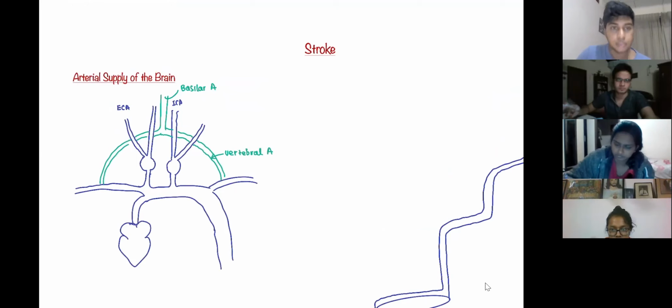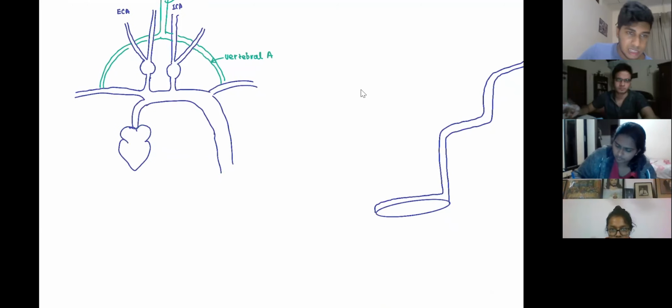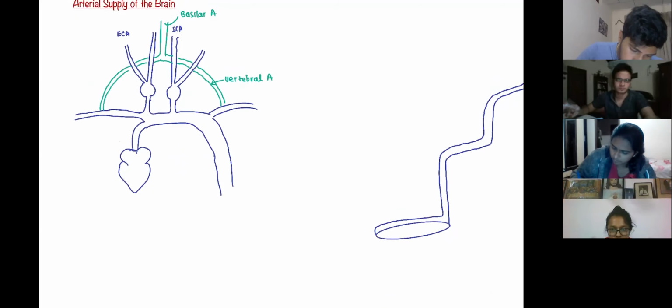Like this. Now the internal carotid artery comes like this, and it pierces through this area and moves laterally.